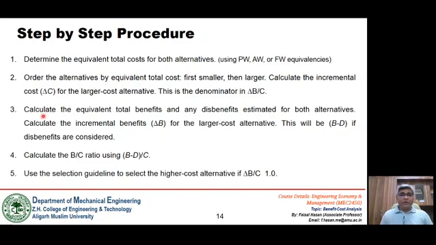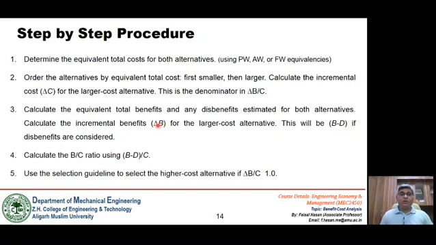Again we calculate the equivalent total benefits, as we did in the previous case, or the disbenefits associated with the alternatives, and we subtract the two to compute the incremental benefits.